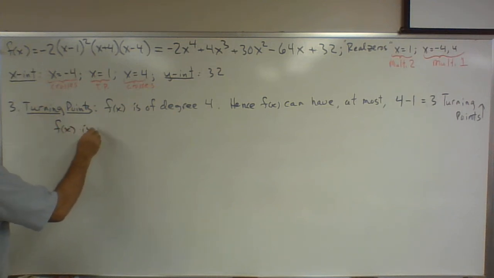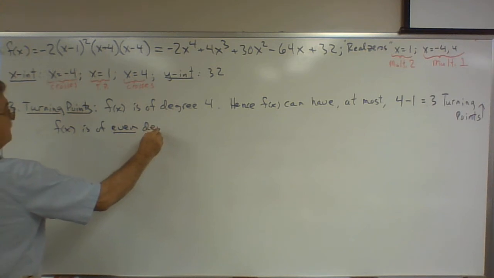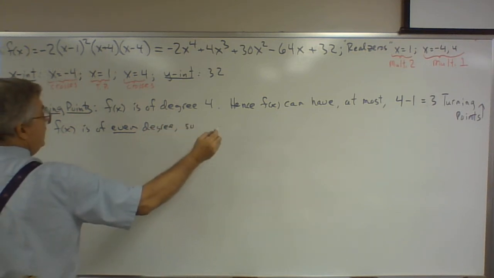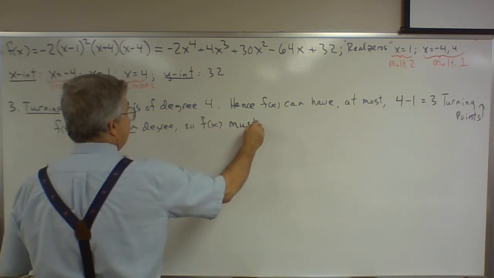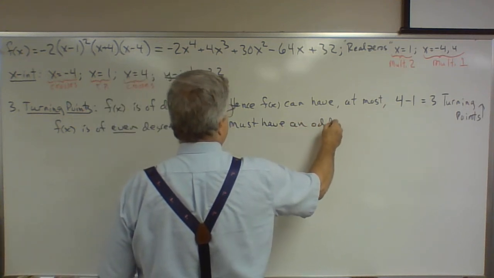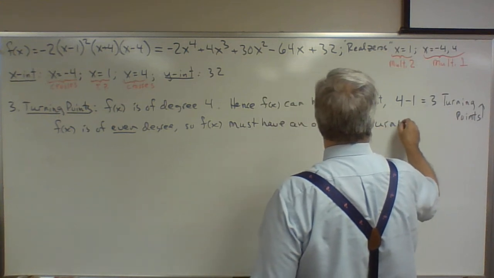F of x is of even degree 4. So f of x must have an odd number of turning points.